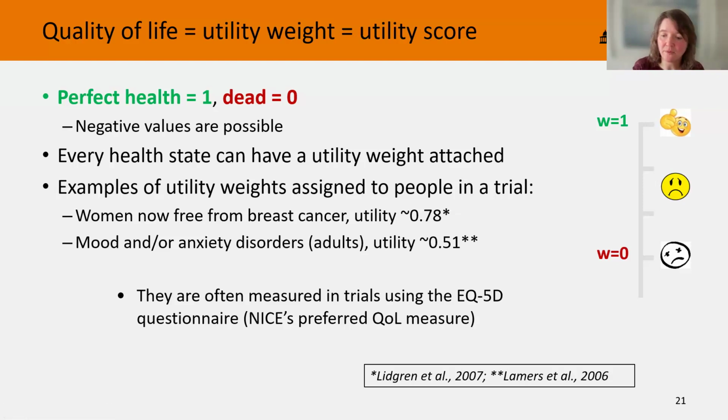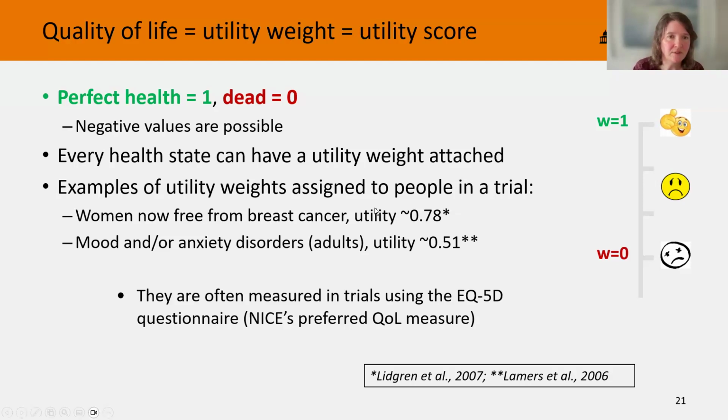And this is important, the 0 being equivalent to dead. So you can have negative values. It's a bit of a philosophical question, but it is possible to have a negative quality of life valuation. So any health state that you can describe, you can come up with an experiment to attach a utility weight to it. And I'm going to show you how that works on the next slide.